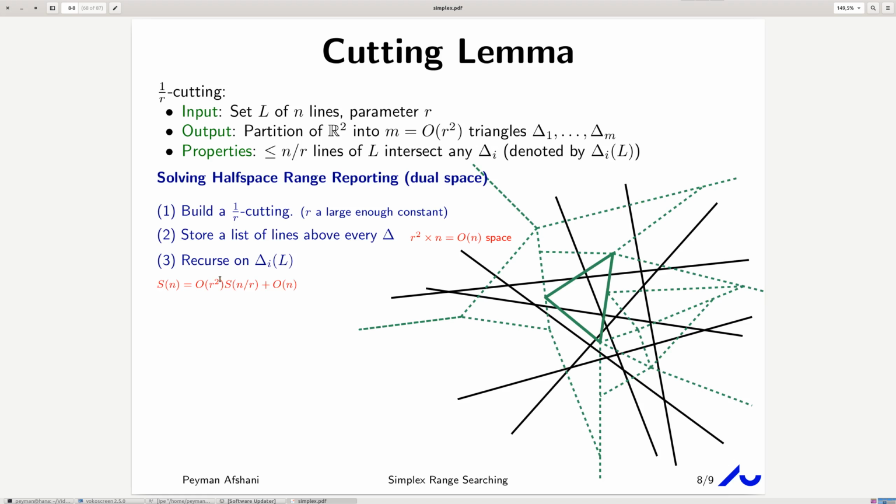We have R squared triangles. Each triangle is intersected by at most n over R lines. So whenever I recurse on the set of lines intersecting every triangle, that is at most n over R lines. So we have R squared recursions of size roughly n over R. And at every recursion step, I spend linear space.